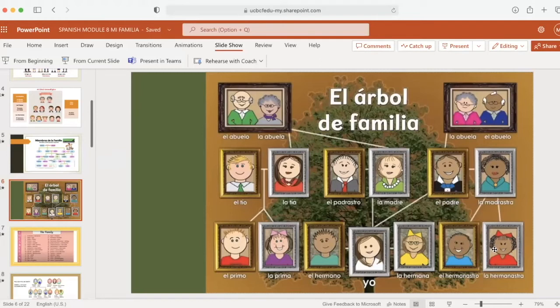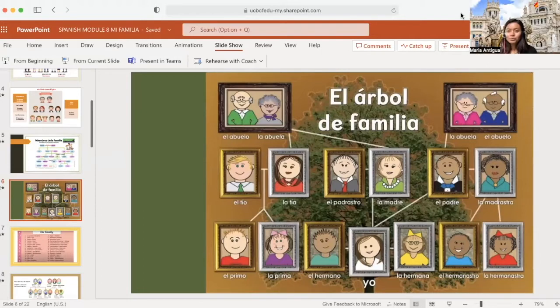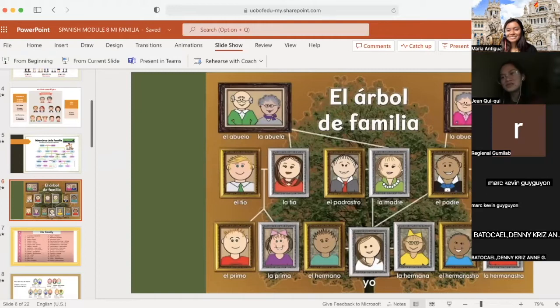Are you related by blood with your hermanastro and hermanastra? No. Okay. Are you sure? Who says yes? Who says related by blood?